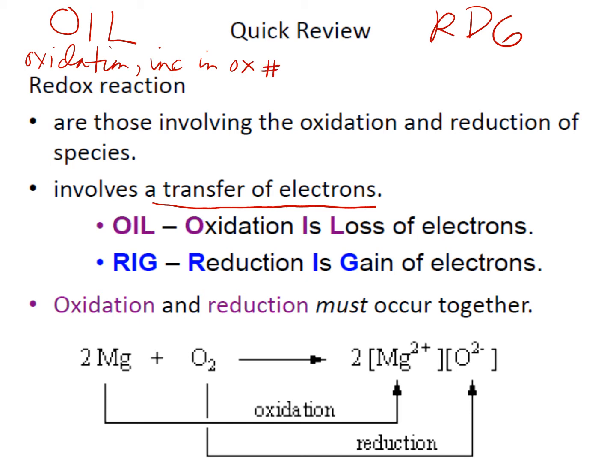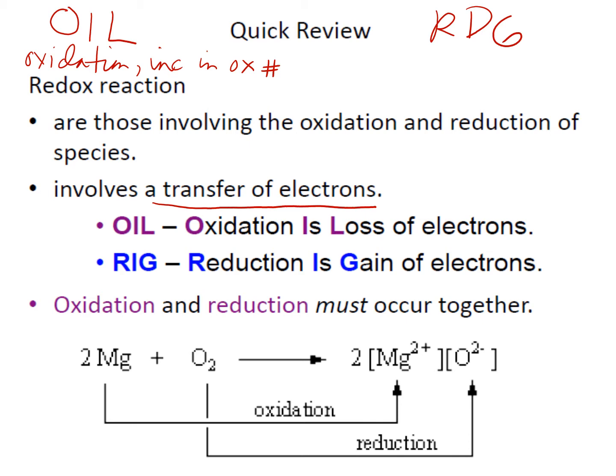And we will illustrate later on why there is an increase in the oxidation number. There are two possible scenarios in which our atom can undergo in a redox reaction, since it involves transfer of electrons. Either our atom can lose electrons in the redox reaction, or our atom can gain electrons.